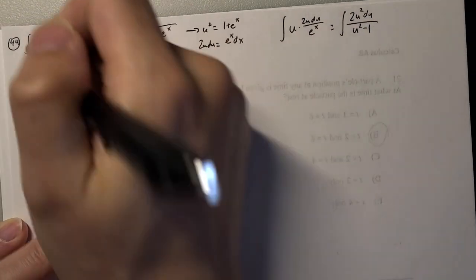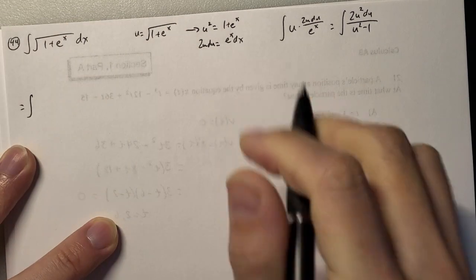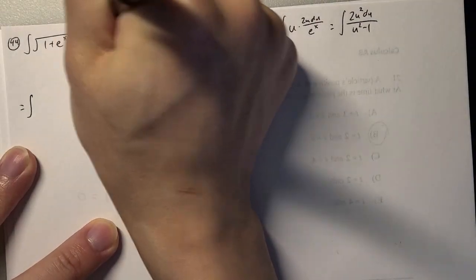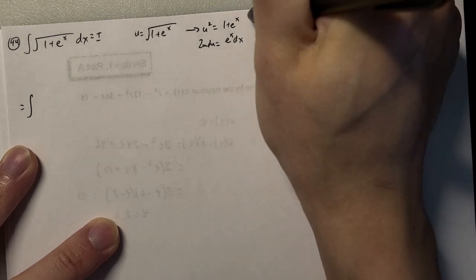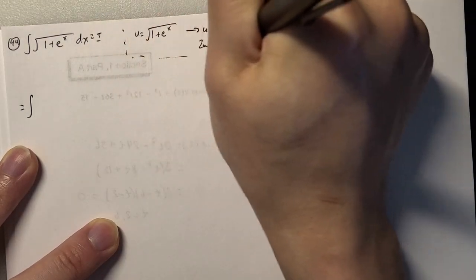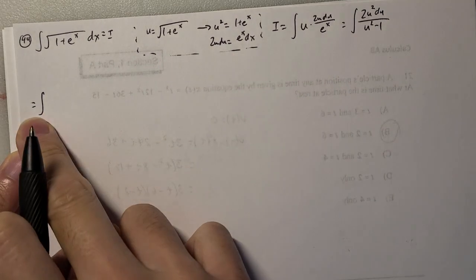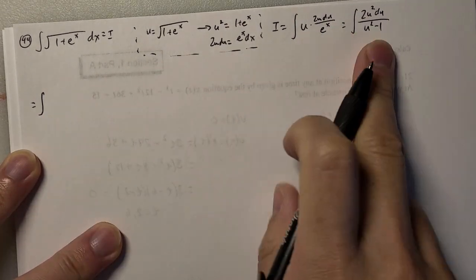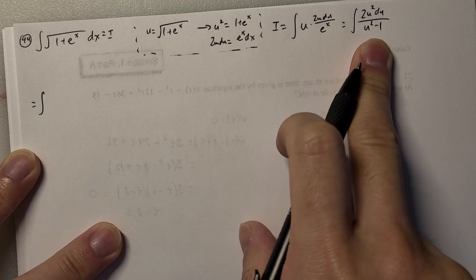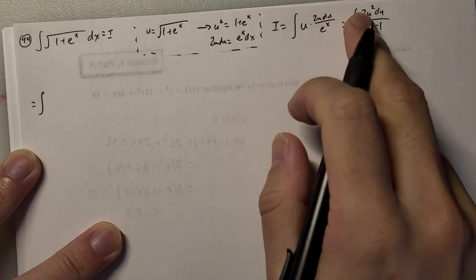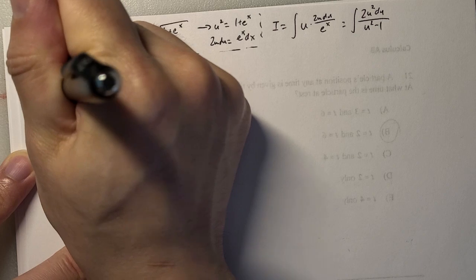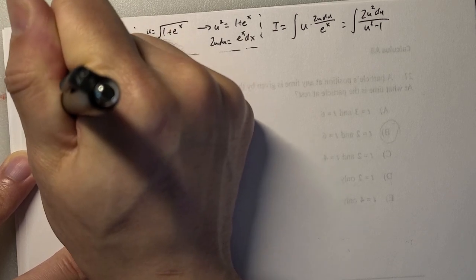So how do we solve this? Let me call this I, to make things clear. I is equal to this, my substitution. We can divide through by u squared minus 1. We can do long division, or remember, let's pull the 2 out first. Let me go slowly.